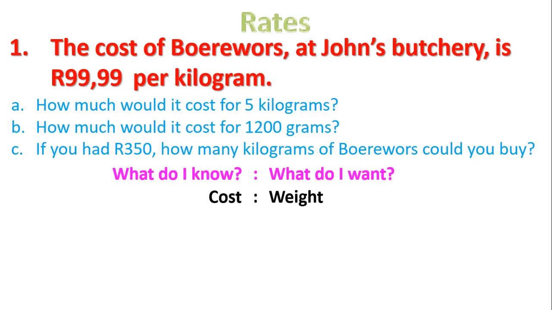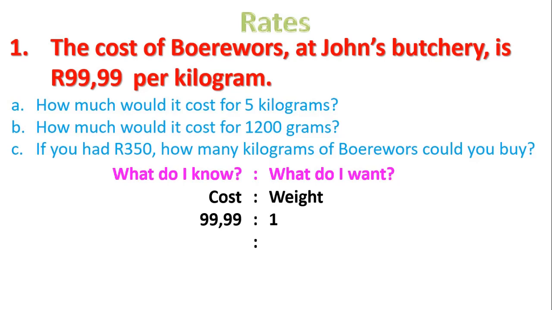Now I go right to the top of the question and I write my rate in the order that I need it. My cost, well, the cost is 99 Rand 99. And what do I get for 99 Rand 99? I get per kilogram, which means it's 1 kilogram.